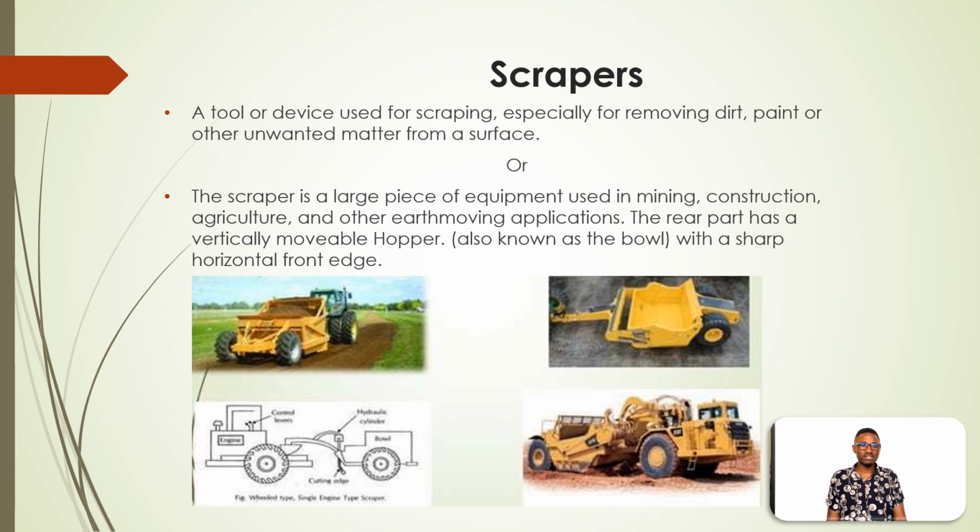The rear part has a vertical movable hopper, also known as the bowl, with a sharp horizontal front edge. As you'll see through those photos we have attached, we have scrapers in different formats.